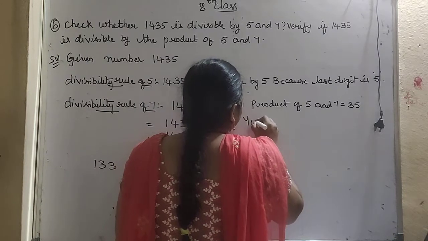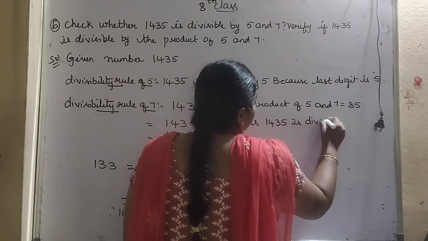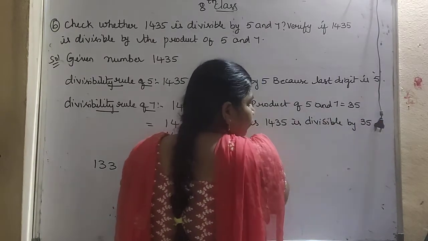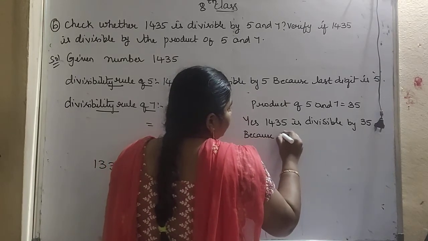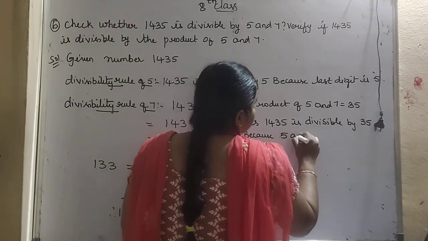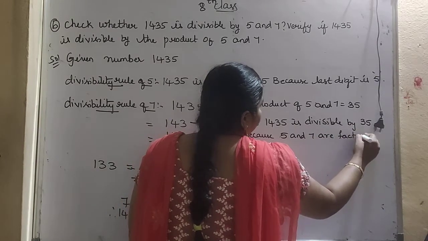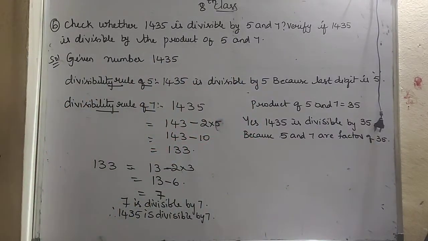So 1435 is divisible by 35 because 5 and 7 are factors of 35. So this is our sixth solution. You can check whether you have it correctly or not.